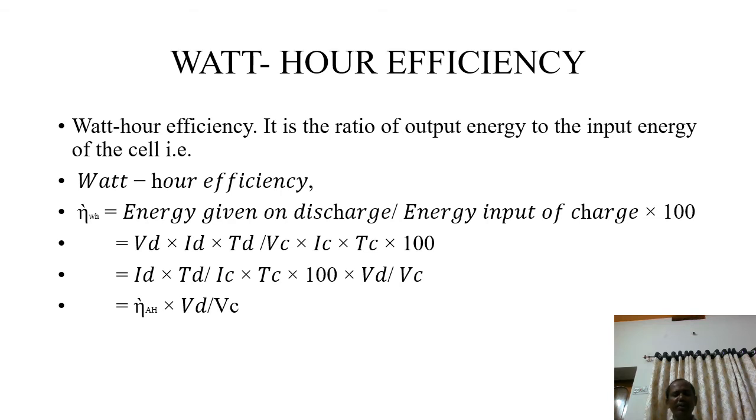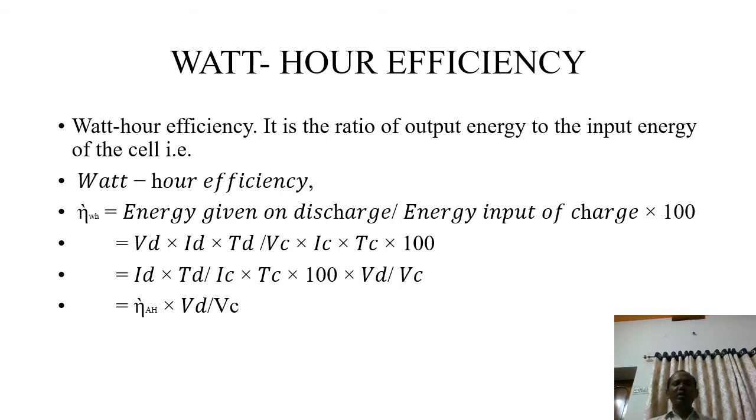Vd into Id into Td by Vc into Ic into Tc into 100. This is the equation for watt hour efficiency, which equals Id Td by Ic Tc into 100 into Vd by Vc, that is zeta AH into Vd by Vc.